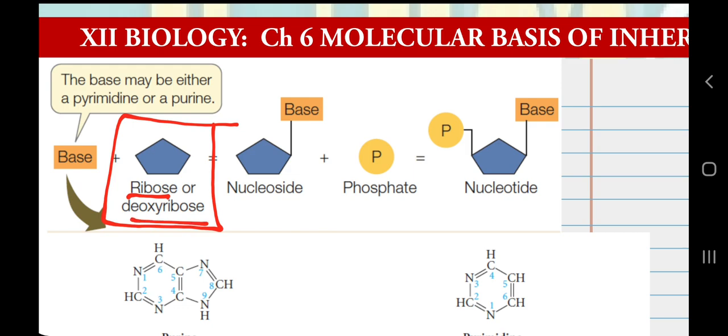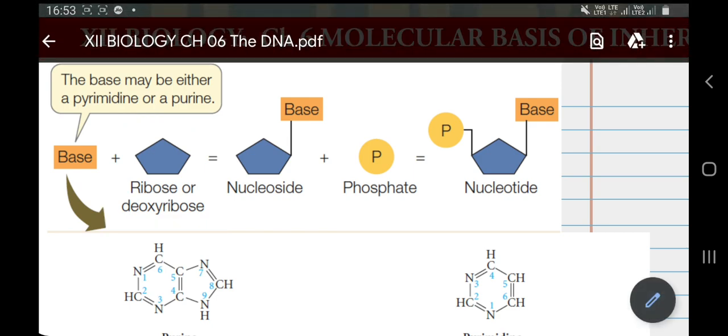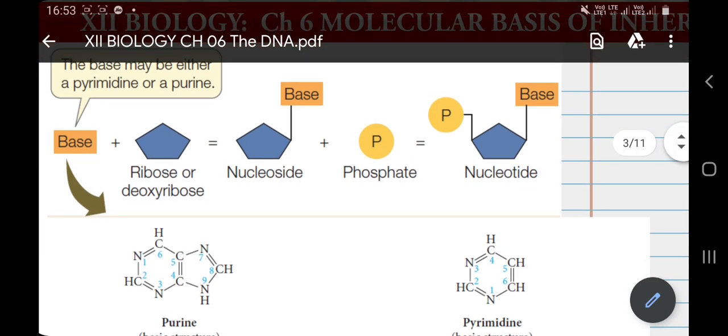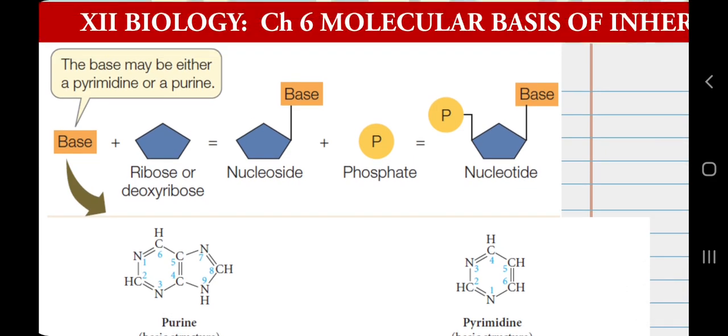That is why the names are DNA, deoxyribonucleic acid, and RNA, ribonucleic acid. So we are now aware of the nucleotide, which is made up of phosphate and sugar. In case of DNA, it will be deoxyribose. In case of RNA, it will be ribose.